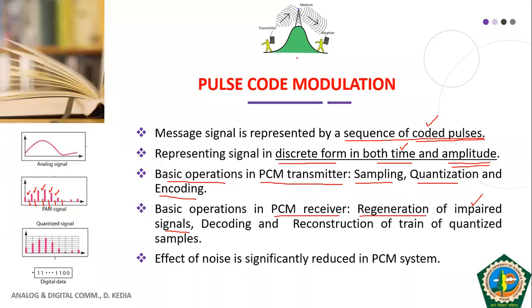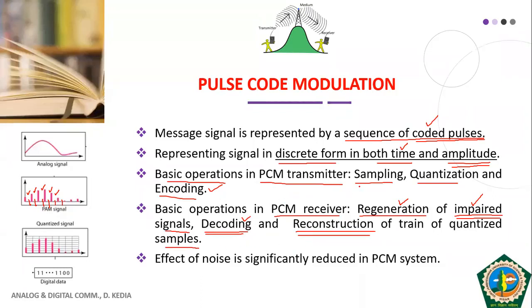Because once our signal is transmitted from transmitter to receiver, there will be some distortion in the signal due to noise in the channel and noise in the system. So we need to regenerate our signal at the receiver side. Then in the PCM receiver, we need to decode, since we have encoded at the transmitter side. And then finally, we need to reconstruct our signal samples back.